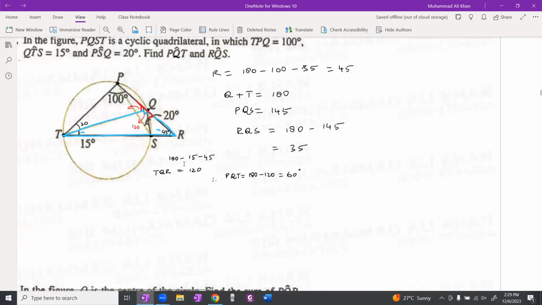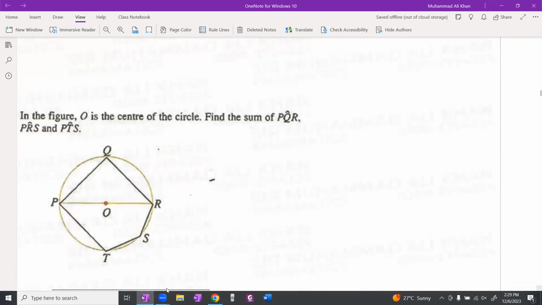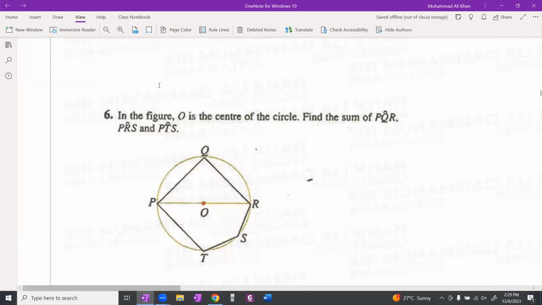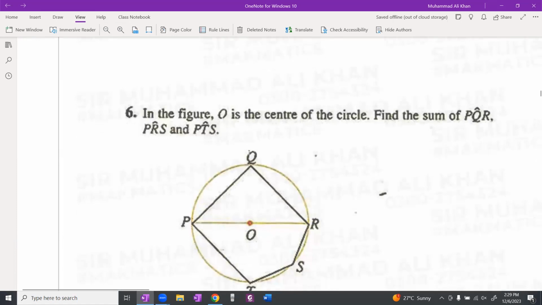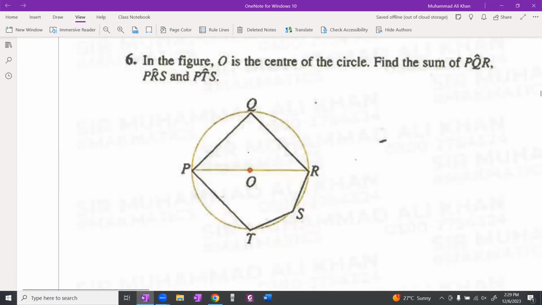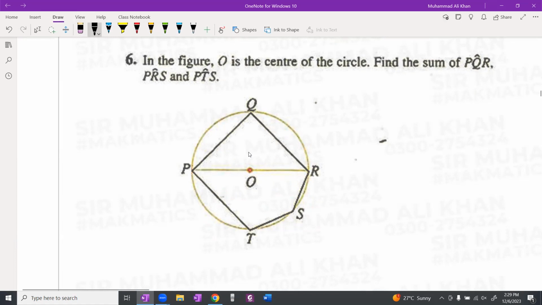आगे चलते हैं. Again, what we have in this question, we have to calculate the sum of PQR. Let's say this is X. If PR is the diameter, then this is 90 degrees. PQR तो आ गया. इसका सम किससे?